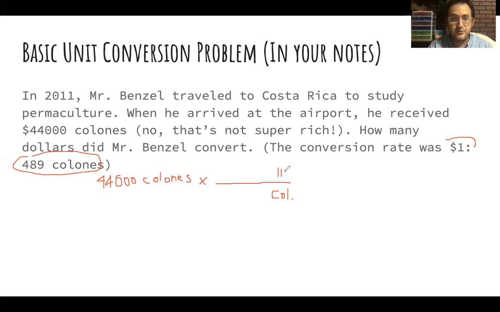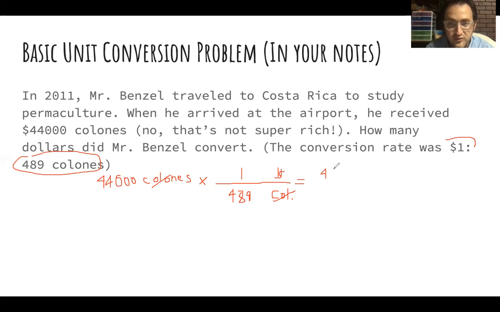So I'm just going to put dollars per colones, and I'm going to put the 489 on the bottom and the $1 on top. And then these colones cancel out. And I want dollars. And fortunately, we just multiply across.